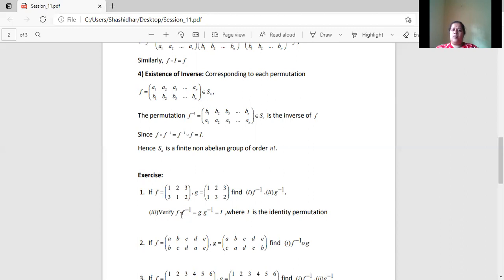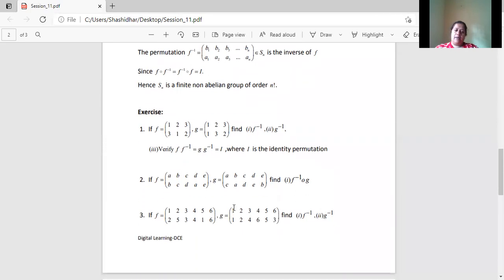You can also say F composed with F inverse is equal to I, where I is the identity permutation. Whether this condition is satisfied or not, you have to check. When you obtain your F inverse and G inverse, take the composition of F and F inverse and find whether it is equal to the identity permutation or not.